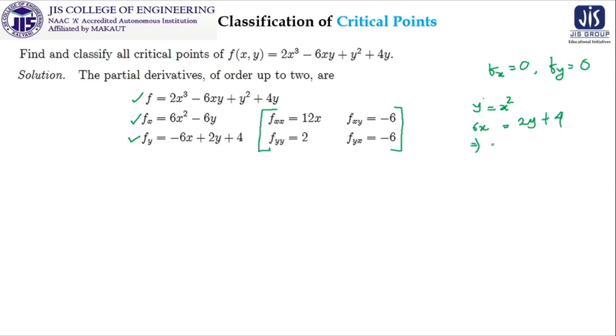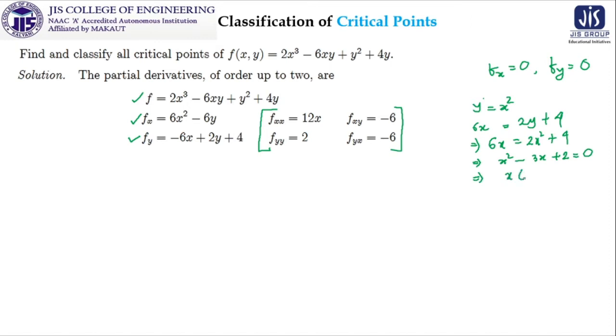In the next line we can write 6x is equal to 2x square plus 4. Simplifying, we can write x square minus 3x plus 2 is equal to 0.